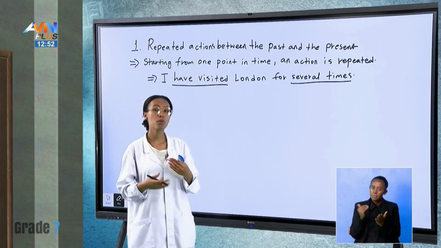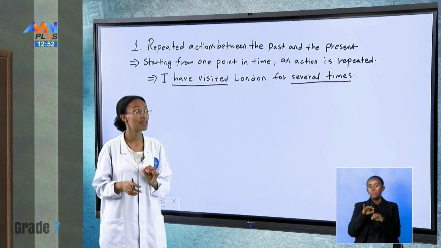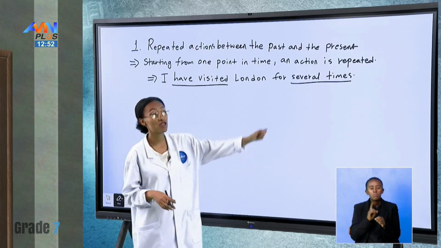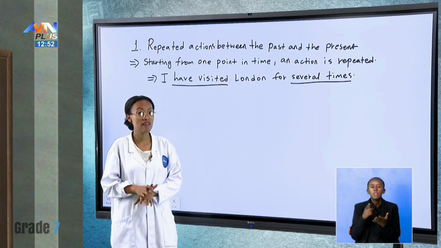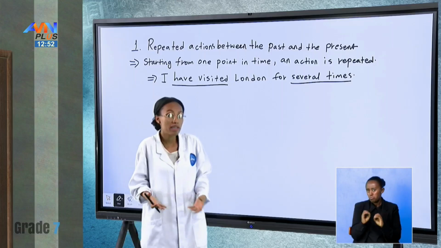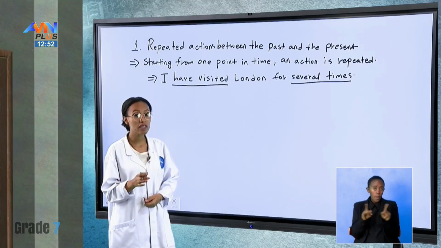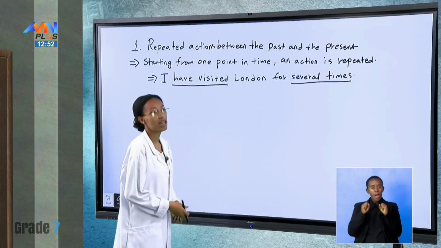The most important fact here is that it is repeated, instead of how many times. We don't want to know how many times. That is not the important issue. The importance here is that this action has been repeated several times. That is the main focus.